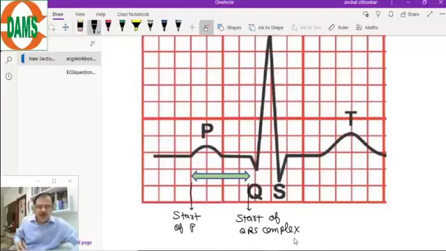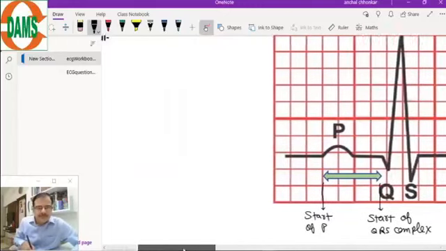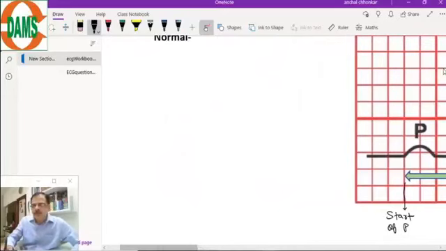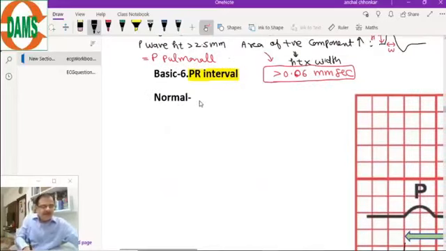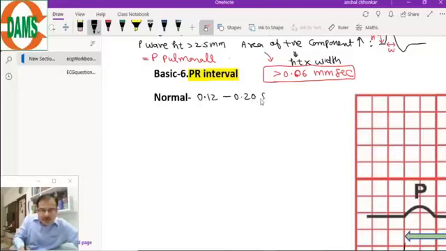So what is the normal width of this PR interval? Let's understand. The normal PR interval ranges from 0.12 to 0.20 seconds.